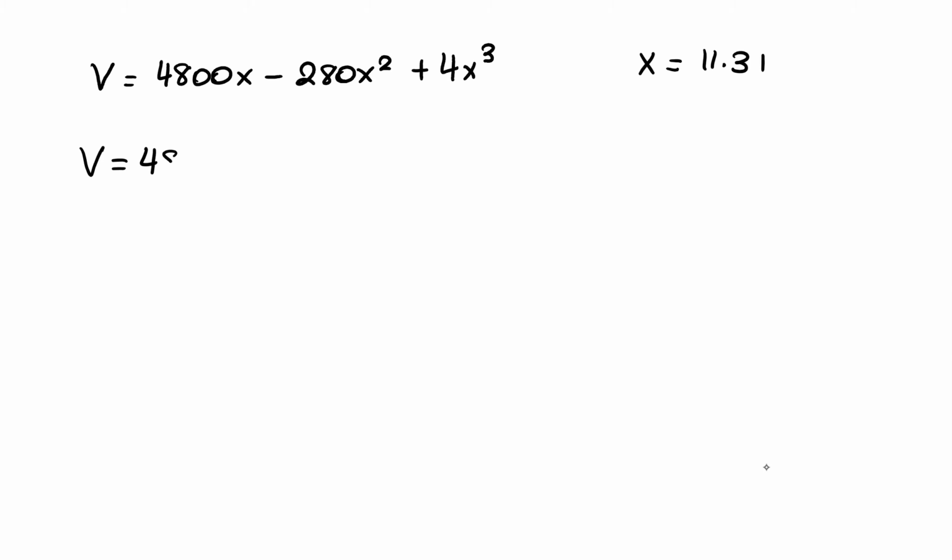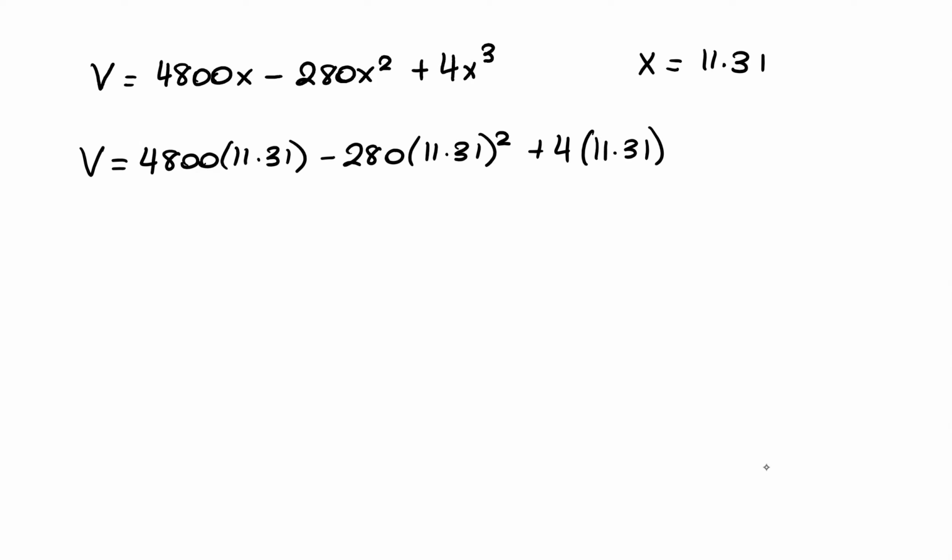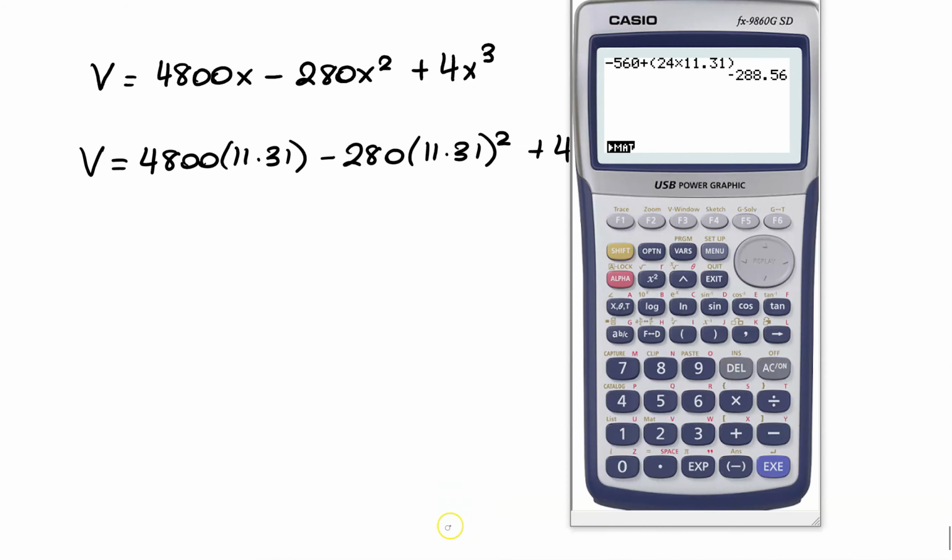So V equals 4,800 times 11.31 minus 280 bracket 11.31 squared plus 4 bracket 11.31 cubed. I'll go to my calculator because again, it's not nice numbers. 4,800 bracket 11.31 minus 280 bracket 11.31 squared plus 4 bracket 11.31 to the power of 3.